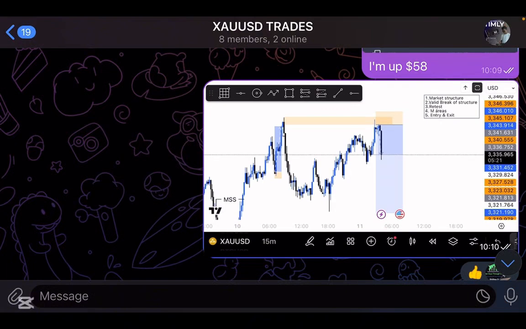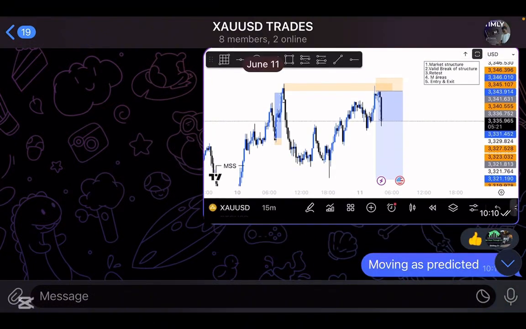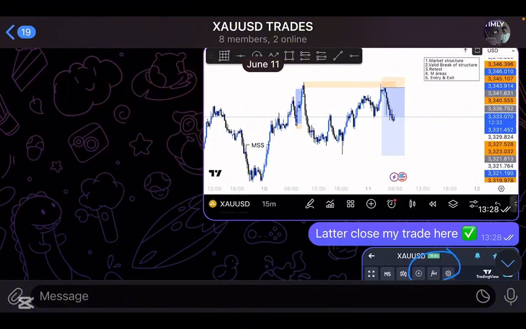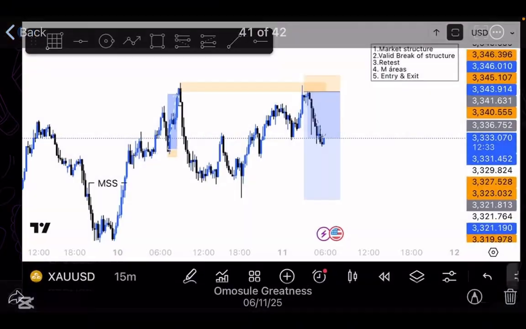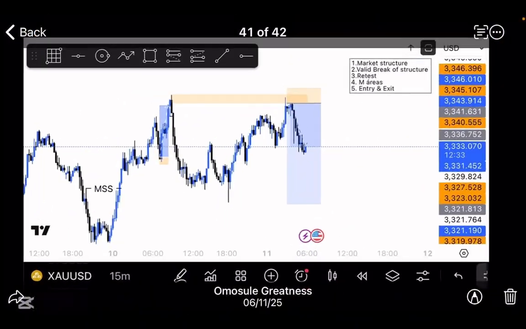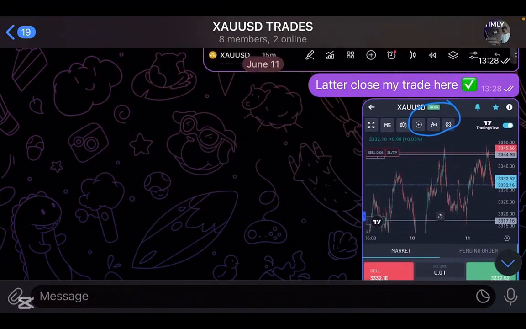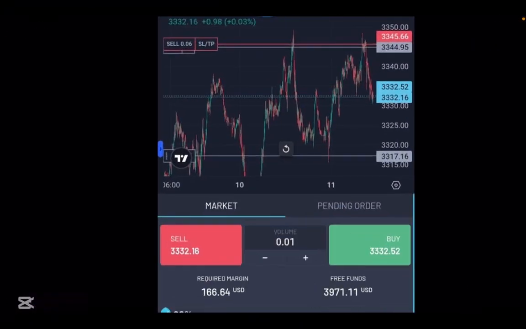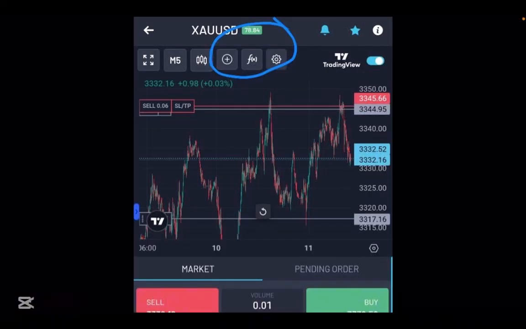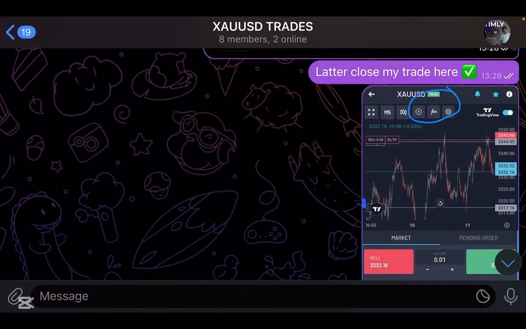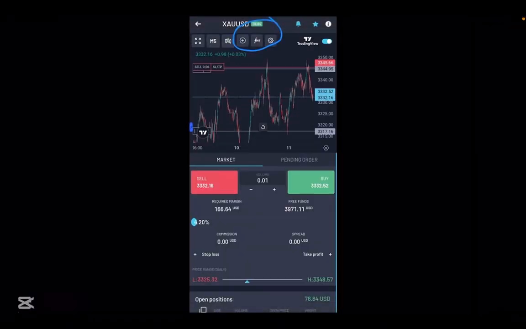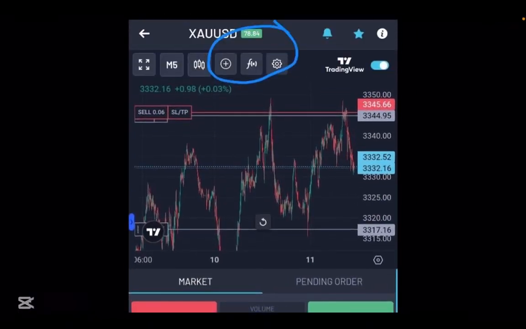And this is when the trade was in profit, like a little bit of massive profit, let me put it that way. Then, yeah, you can see this was where I closed. I showed them I later closed my trade here. So I made about $48.84. Alright, so was it 84? Okay, let me check.